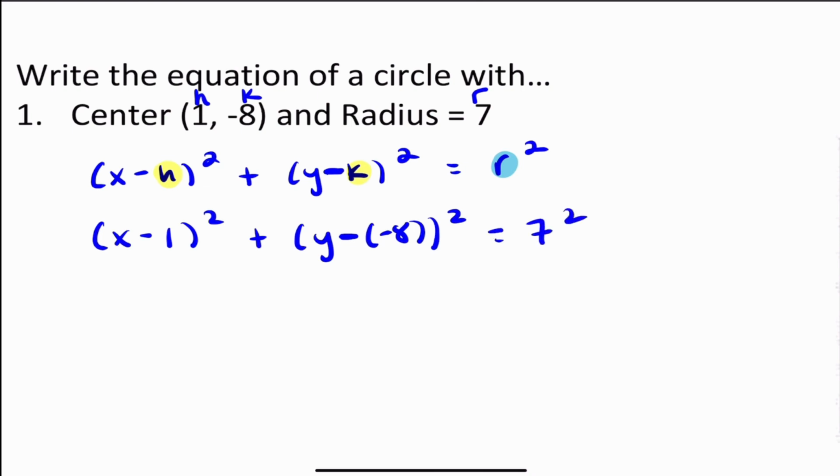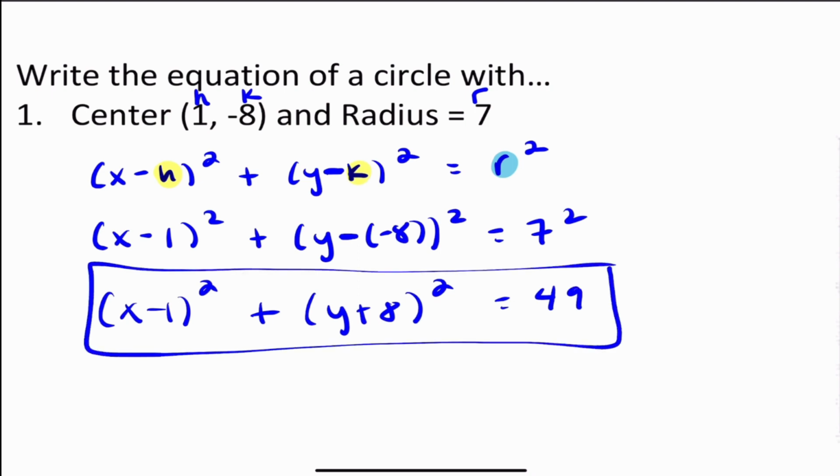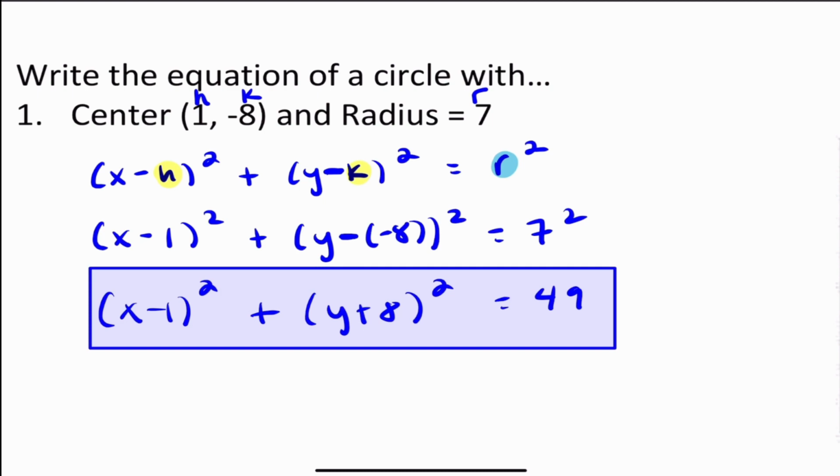So notice that I can simplify this. The x minus 1, the quantity squared, is going to remain the same, plus y minus negative 8, the quantity squared, which is just y plus 8, quantity squared, equals 7 squared, which is just 49. And this is the equation of the circle given the information here. This is your answer.